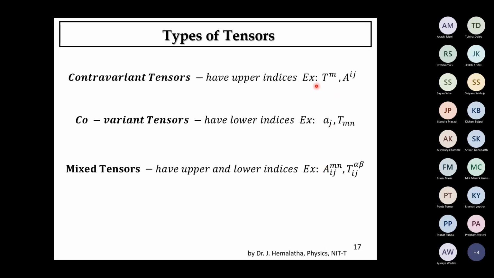T with an upper suffix, T with a lower suffix, both are the same, unless you define their limits. For example, T^m, if you are writing m is equal to 1 to 4, and T suffix m, defined as m is equal to 1 to 6, if you make some variations, you have to describe it earlier. Otherwise they are the same.